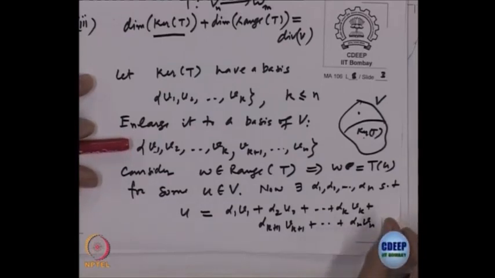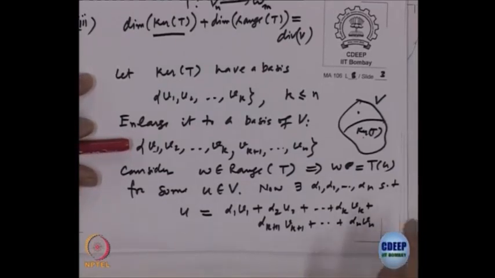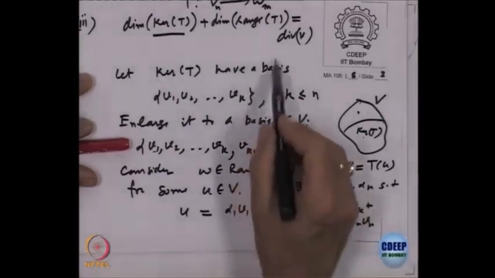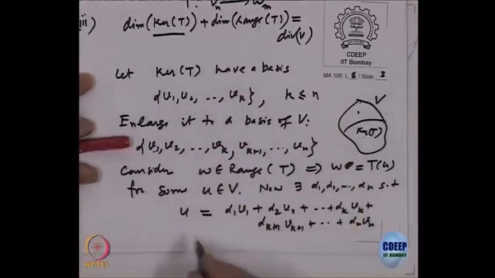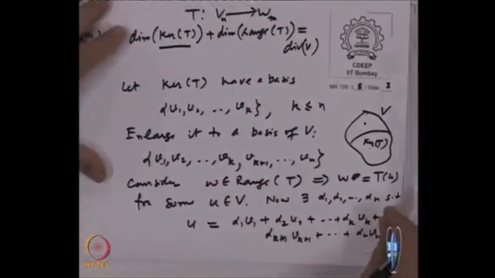So, U must be written that way, but I am not interested in U, I am interested in W, because I want to get a basis for the range. So, I should go to the image. So, what does this imply? What is T of U?